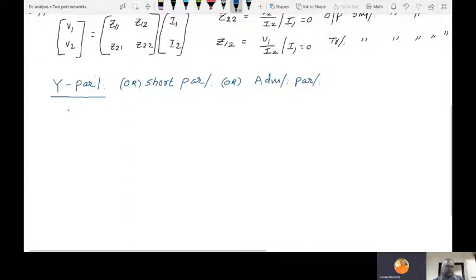These are the three different names. So here I1, I2 are expressed in terms of V1, V2. So I1 equals Y11 V1 plus Y12 V2, and I2 equals Y21 V1 plus Y22 V2. So I1, I2 in terms of V1, V2. And as usual, I1, I2 are dependent variables. V1, V2 are independent variables.